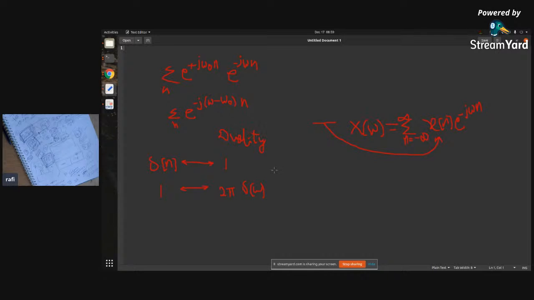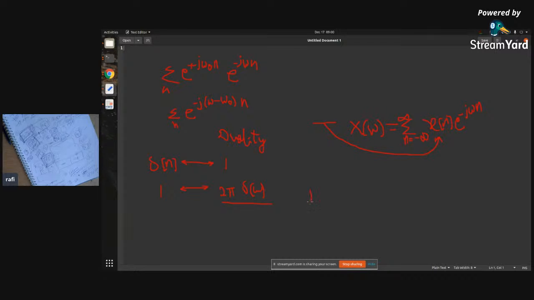You might have heard this somewhere in your signals and systems. So how do you get this duality property? If you take the inverse DTFT of this, what is the inverse DTFT of 2 pi into delta of omega?